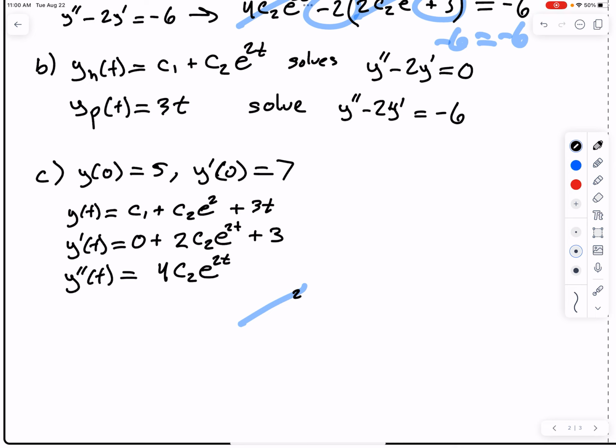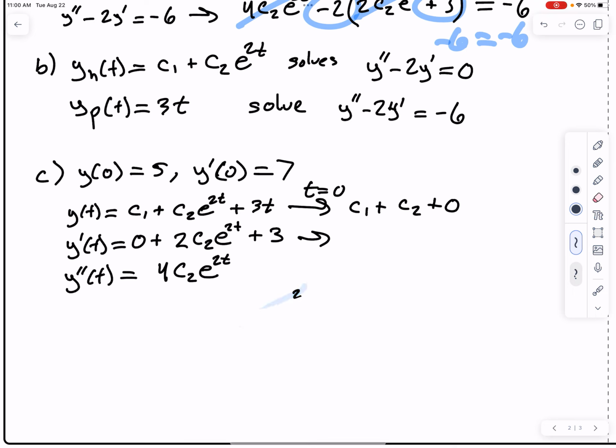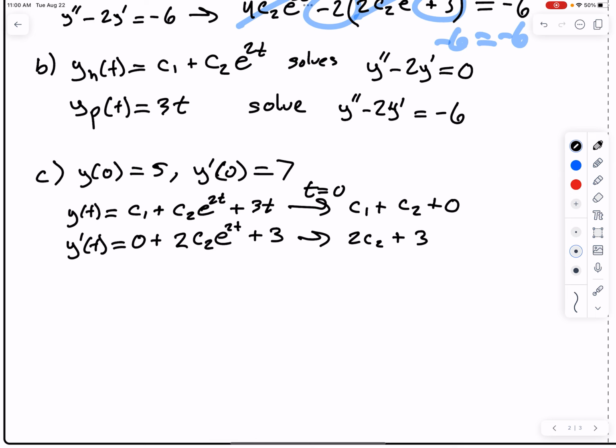And if I plug in 0, what am I going to get? C1 plus C2 plus 0. If I plug in 0 for y prime, I'm going to get 2c2 plus 3.